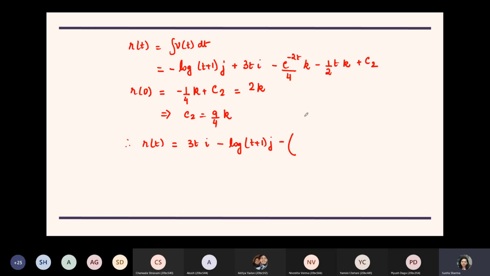And then if I combine all the k terms, e to the power minus 2t by 4, then I have t by 2. I'm taking the minus sign common here, so I'll get a plus sign with the first two terms and minus with the third term. Is it fine? This is my final expression of the position vector.